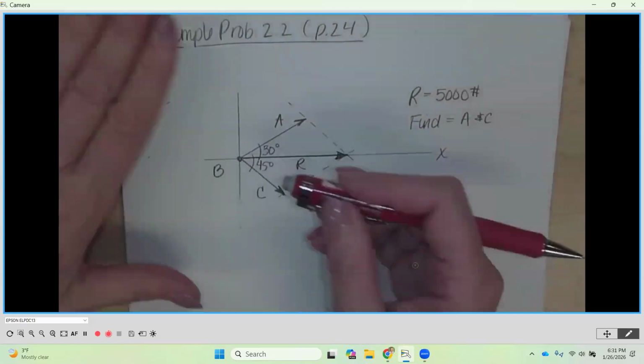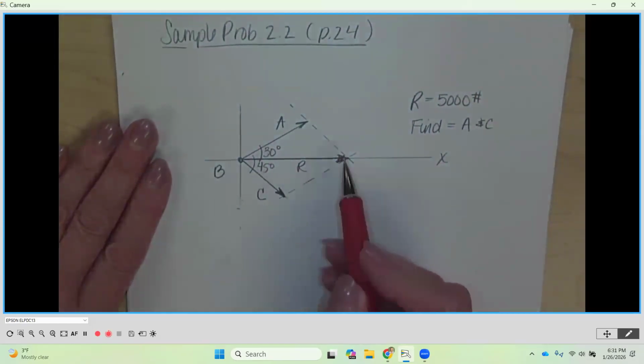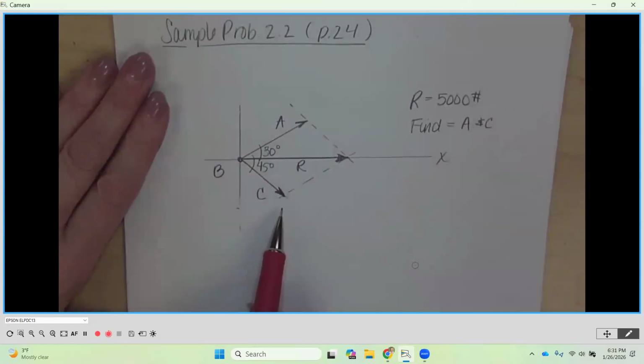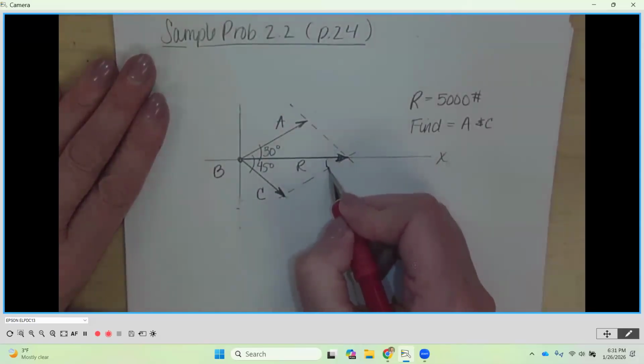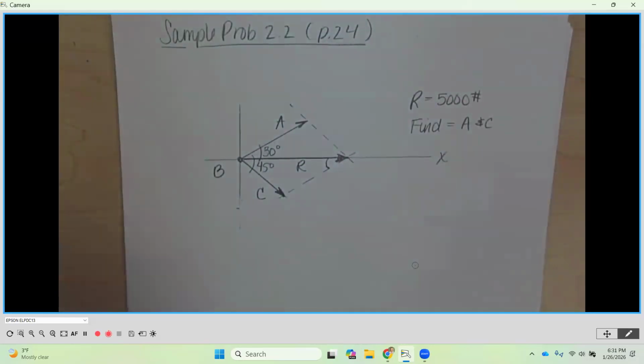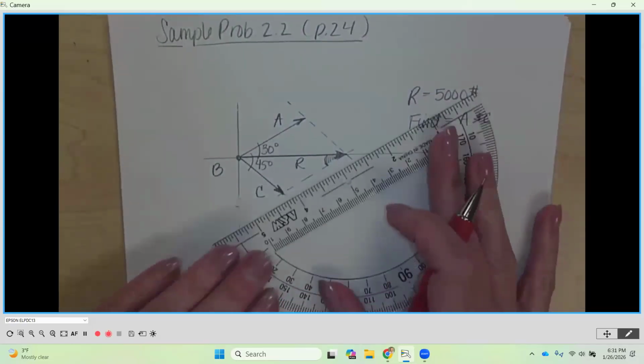So now what we've got is, we've got two triangles, right? We've got one triangle here, we've got one triangle here. But they're really kind of a mirror of themselves, aren't they? Do you see that? Okay. Because this line is parallel to this one. This line is parallel to this one. So can I find this angle right here? Do I know what that is? This angle right here. This one right there. Do I know what that angle is?